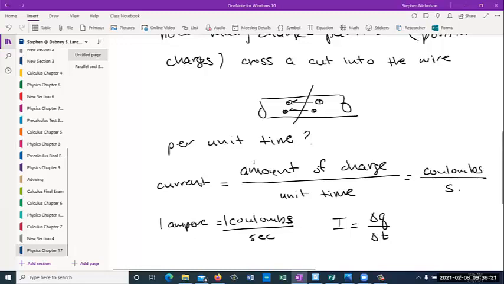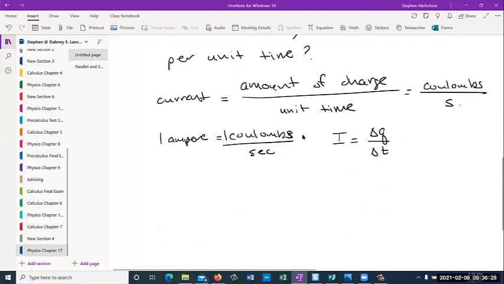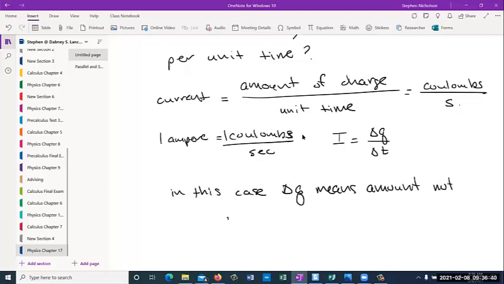So delta means amount, not change. Let's write that out: in this case, delta Q means amount, not change.